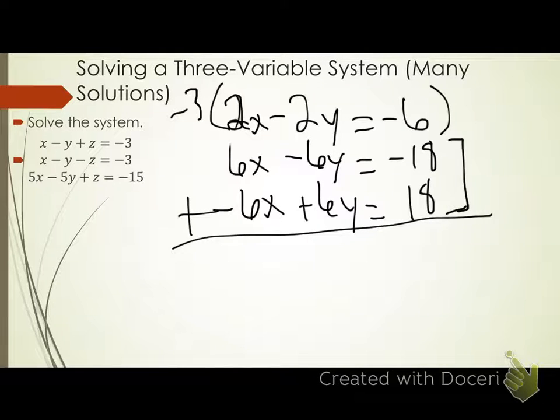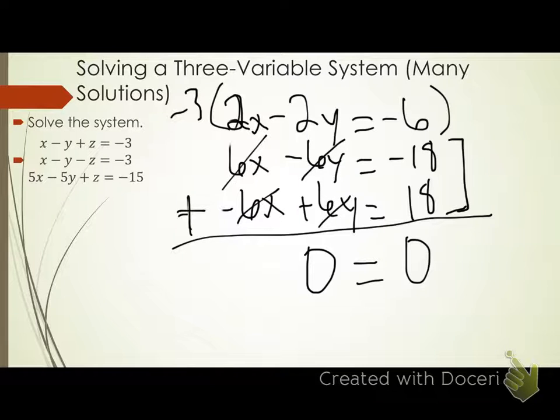Since my x has same number, opposite signs, x is eliminated. My y's also get eliminated, so I'm left with 0. -18 plus 18 also gives me 0. Now 0 does equal 0. This is a true statement. This is what we would call an identity.